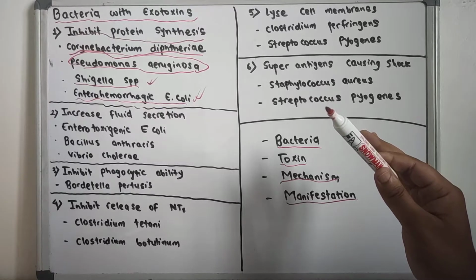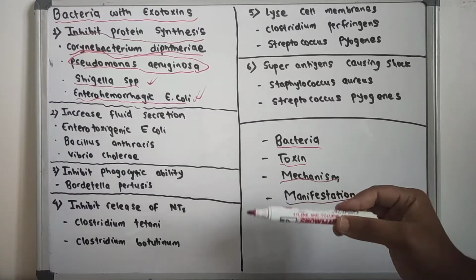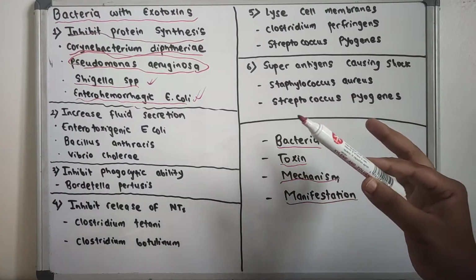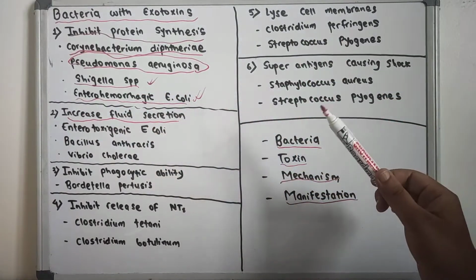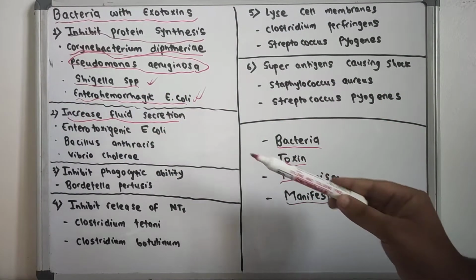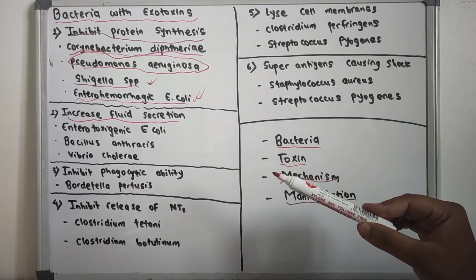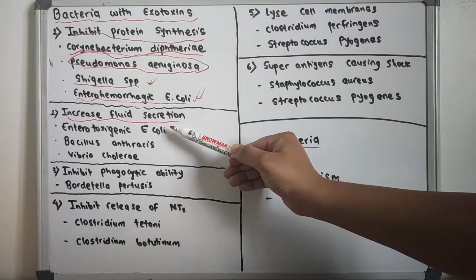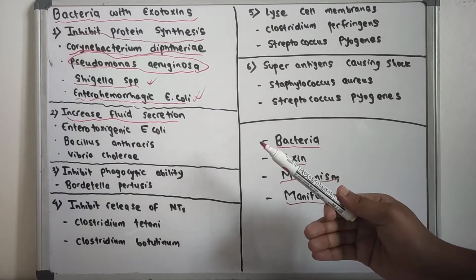Now let us talk about the various bacteria whose exotoxins increase the fluid secretion in our body. Those are enterotoxigenic E. coli, Bacillus anthracis, and Vibrio cholerae. The exotoxins secreted by these three bacteria cause increased fluid secretion.